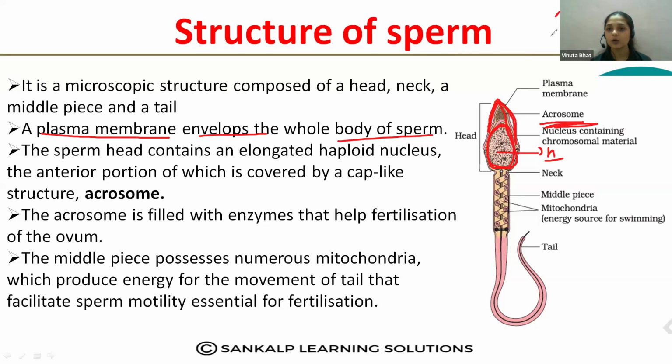Look here, there is the ovum. The ovum has layers, a layer called the zona pellucida, which I will explain next. The sperm should break this layer and reach the nucleus of the ovum, fuse, and fertilization should happen. For the fertilization process, this acrosome helps by breaking these wall layers. But how is it helping break down these walls? Because it contains hydrolytic enzymes, which help break this layer and fertilize the egg.